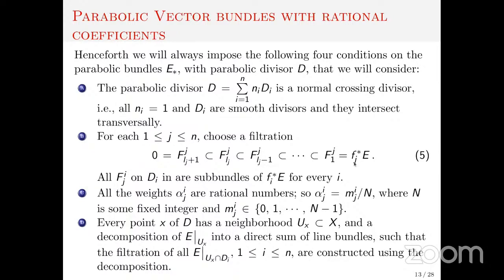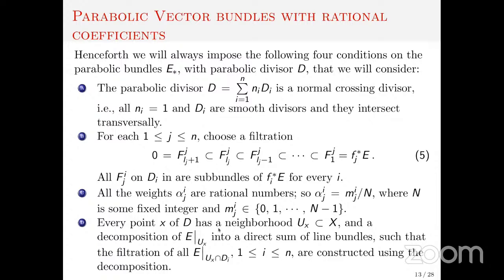Remember that F_j was the inclusion of D_i inside D. And we choose these weights to be rational, so that you can write this alpha_ij to be some m_ij divided by n, where n is some fixed integer and m_ij belongs to the numbers between 0 and n minus 1.